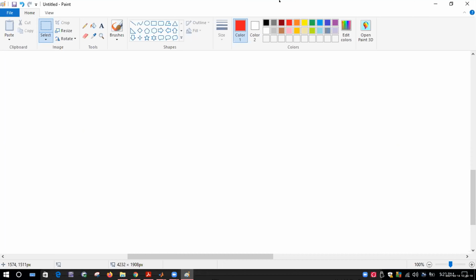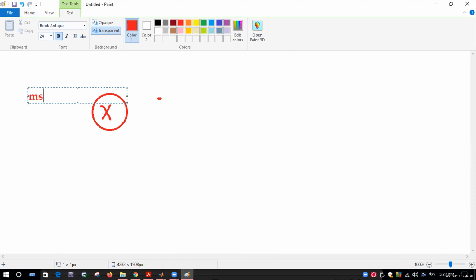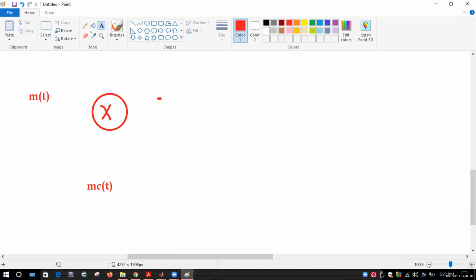So let me make it simple now. This is a mixer, and we have the message signal M of t, and here we have the carrier signal MC of t. Can you tell me now what is M of t?